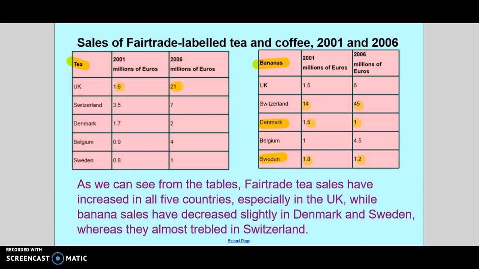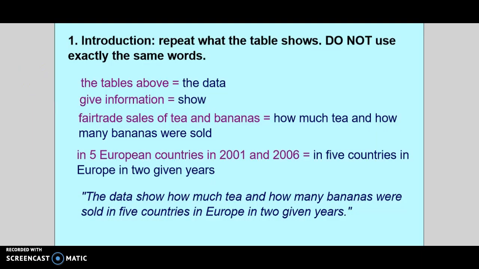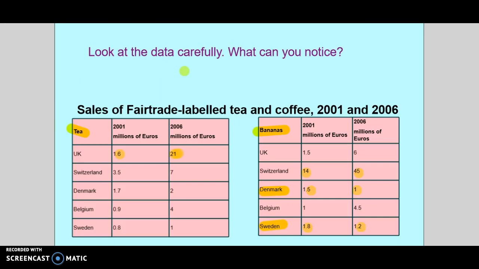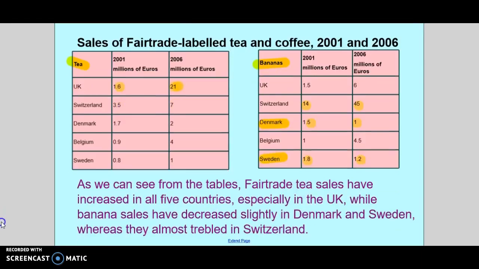So it's something, together with the introduction that I wrote here, introduction, rephrasing the task, and the overview, so looking at the main features of the data represented. These will together make paragraph 1 of your IELTS writing.